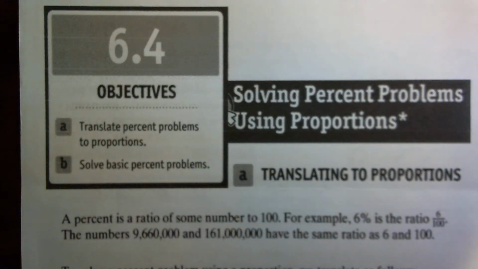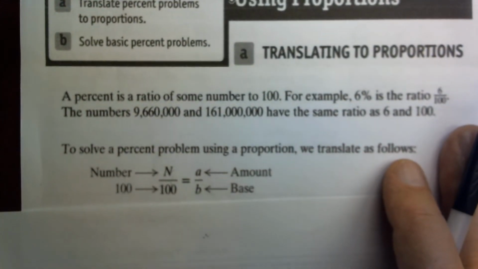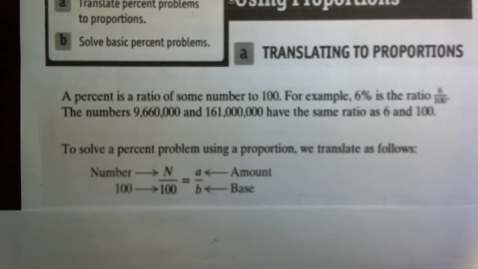The number n is in the numerator divided by 100 equals a, the amount, divided by b, the base. And this will make a lot more sense when we look at some actual examples.